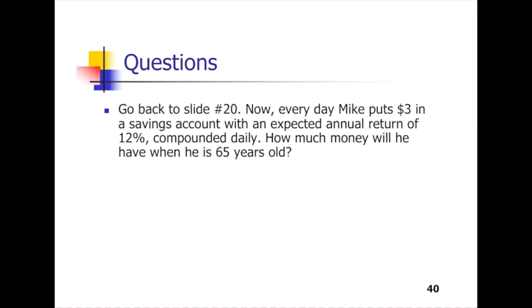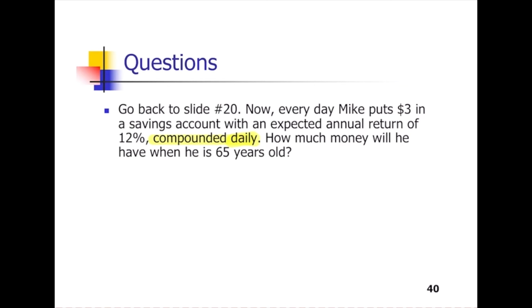So now every day Mike puts $3 in his saving account with an expected annual return of 12%, compounded daily. That is important. How much money will he have when he is 65 years old?